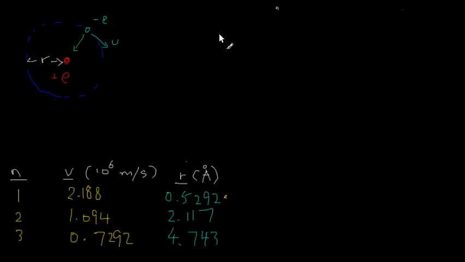Let me just write down the total energy. It is equal to the kinetic energy, which is half mv squared, where m here is the mass of the electron, plus the potential energy.